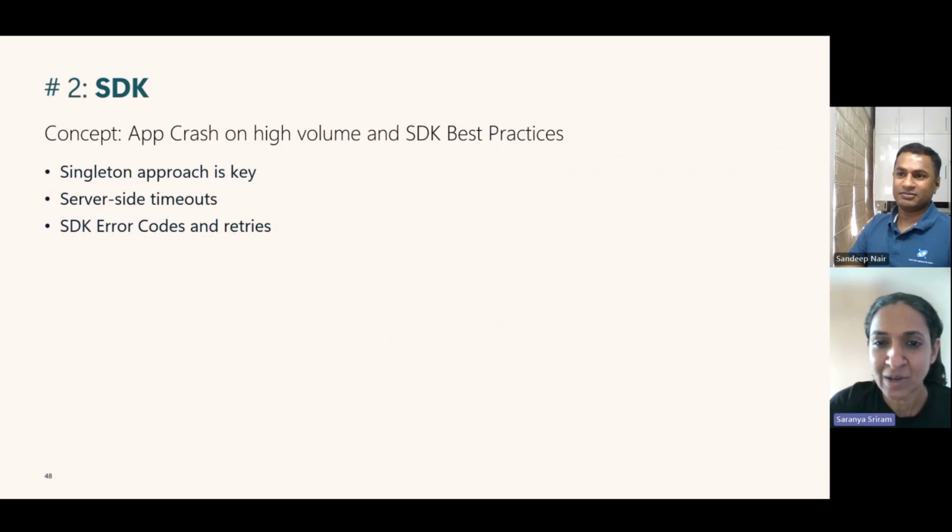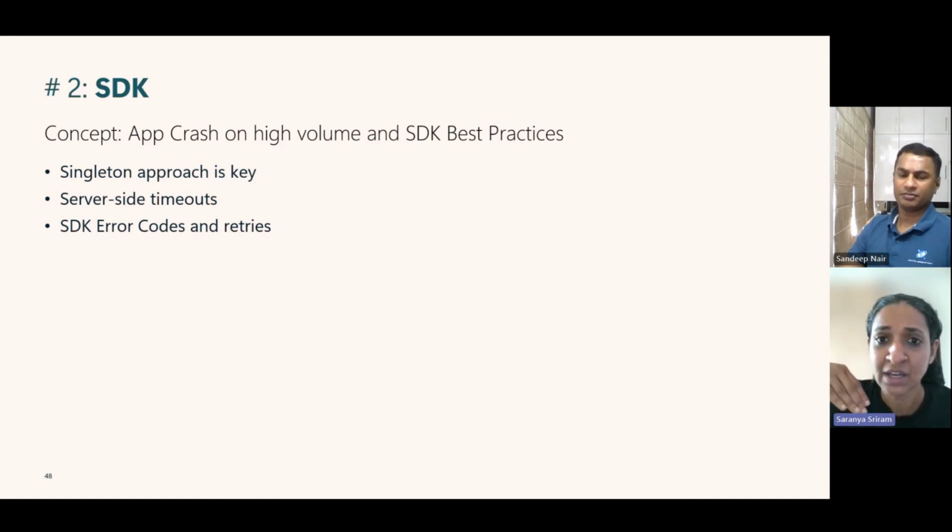So maybe let's talk a little bit about the concepts here as part of this video. When applications crash on high volume, it's important for us to understand some SDK best practices. We did see that the singleton approach is key, and we saw it with a live example. It's also important to look at the server-side timeouts, depending on the Cosmos DB APIs you choose.